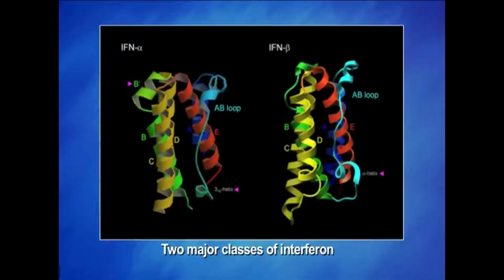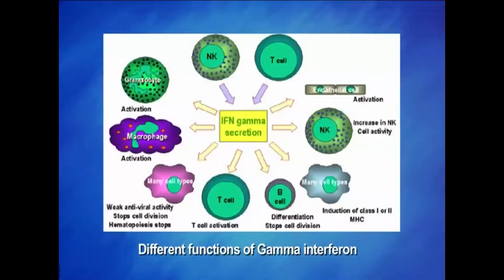By recognizing a particular virus, they will activate the natural killer cells and the macrophages, and thereby the defense reaction will be activated. Interferons can be of three basic types. Primarily the two types are IFN alpha and IFN beta, but there is also a third type which is IFN gamma. And now the IFN gamma, you can see the multivarious activity of this IFN gamma.